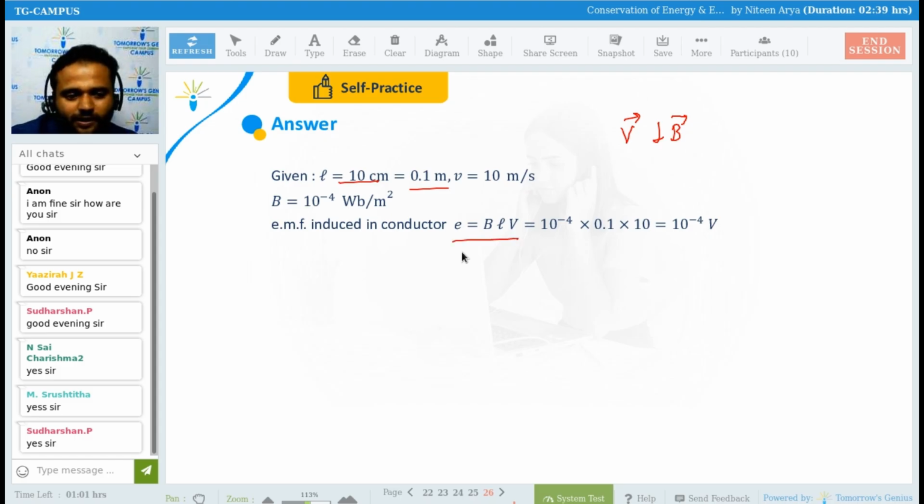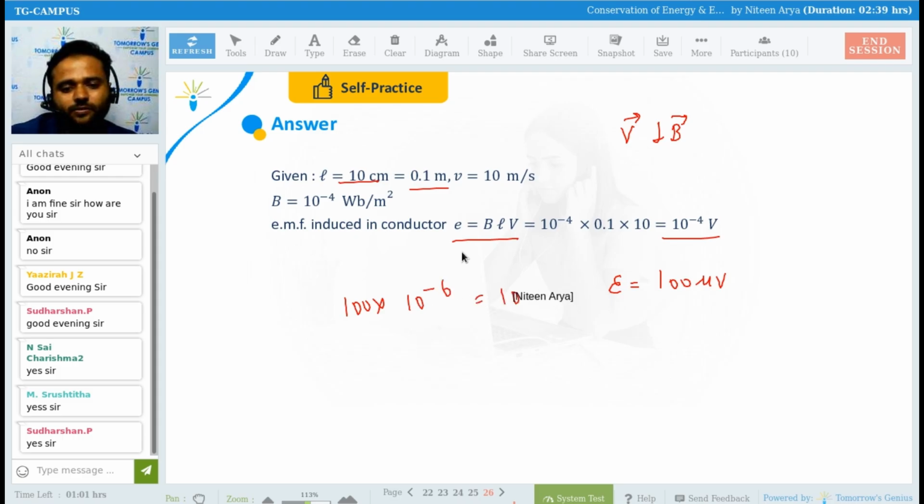1 into 10 to the power minus 4. Exactly. You can write it in this way also, 100 microvolt. 10 to the power minus 4 or 100 microvolt, the same thing. 100 into 10 to the power minus 6 is 10 to the power minus 4.